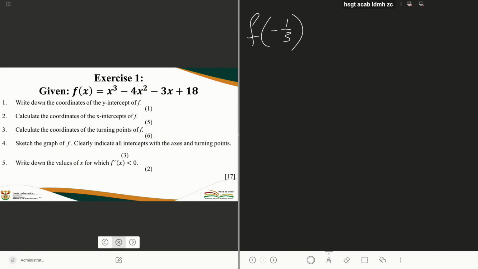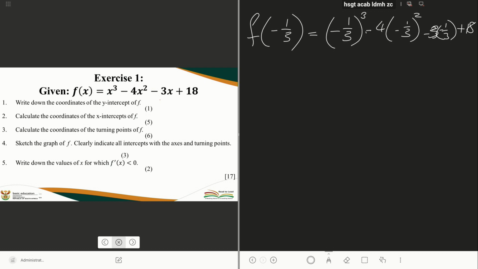When x is equal to negative 1/3, if we substitute, what am I looking for here? I'm looking for the y value. So 4 times negative 1/3 squared minus 3 times negative 1/3 plus 18.